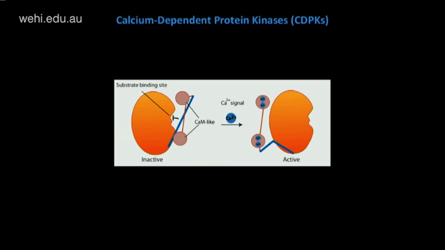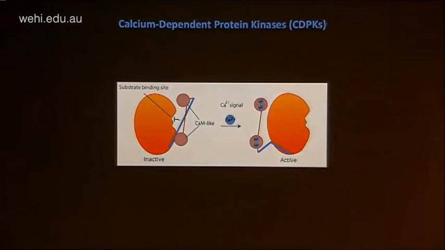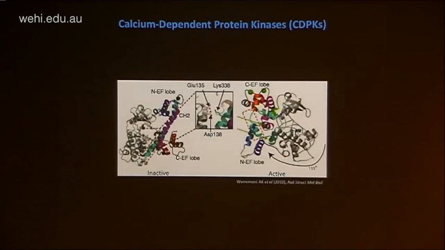When the kinases are exposed to calcium, calcium binds to two calmodulin-like domains, causing a conformational change, removing this autoinhibition and activating the kinase. So theoretically, as soon as you release calcium from an intracellular store, you should be able to activate CDPKs. So these are really interesting hubs of calcium signalling in the apicomplexans.